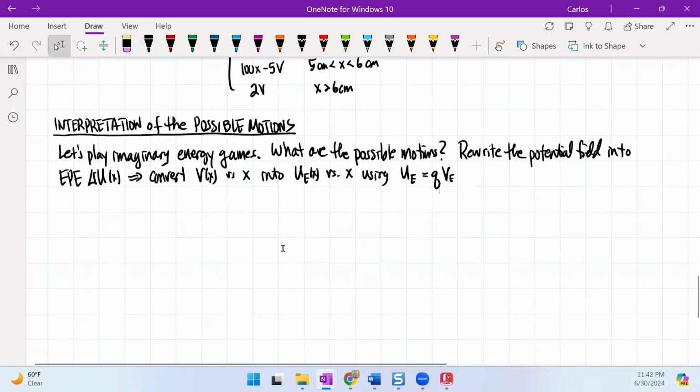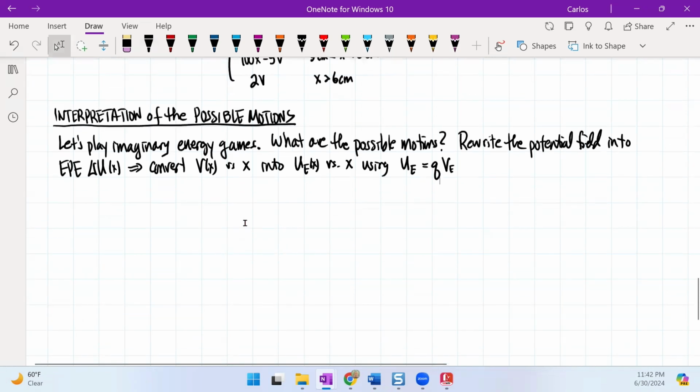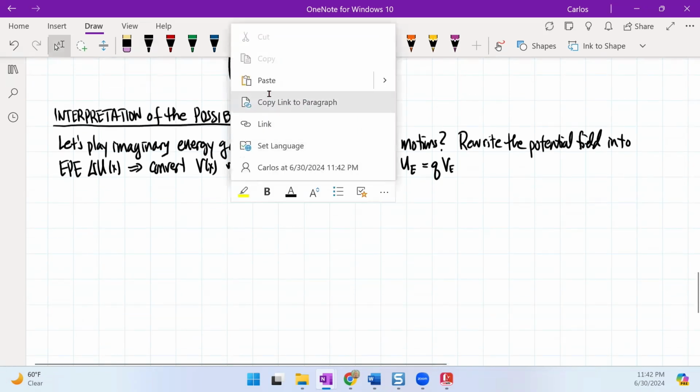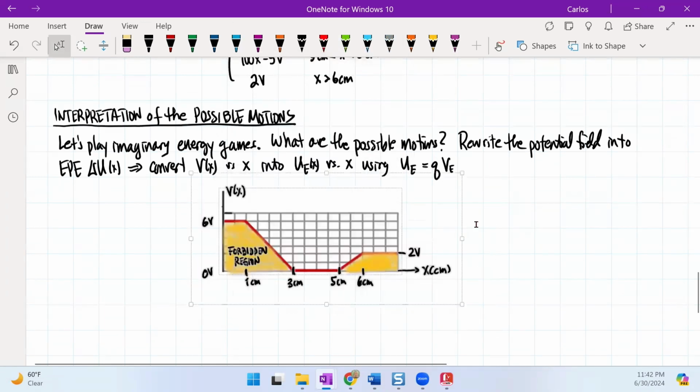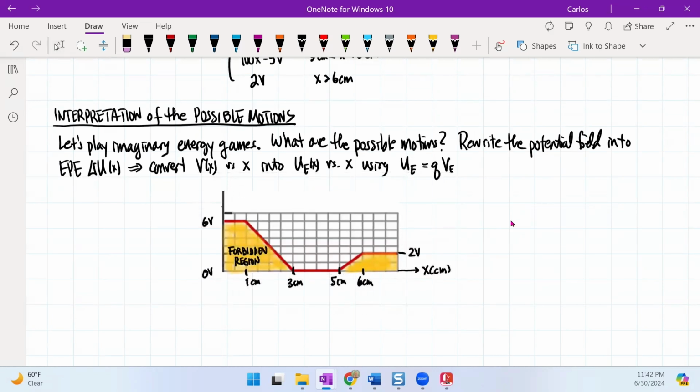So if I look at my curve, the big difference here is then going to look like this. So now it's not voltage anymore. What is it? It's potential energy. And so what we have to do here is convert these guys into electron volts, which is now units of energy.